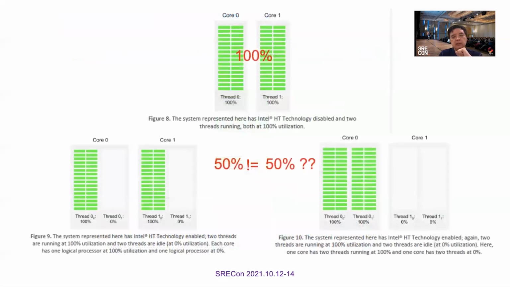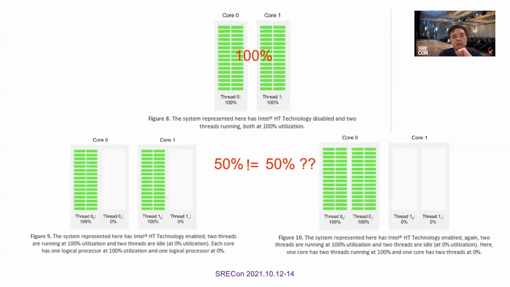Here we can take a look at some of the possible performance data you can get with hyper-threading turned on. In the top figure, we have two threads running on two cores of a server, and each core is running one thread because we have not turned on hyper-threading. 100% CPU utilization in such a case means both threads are busy, both cores are busy. Now let's look at the bottom, about what happens when hyper-threading is turned on.